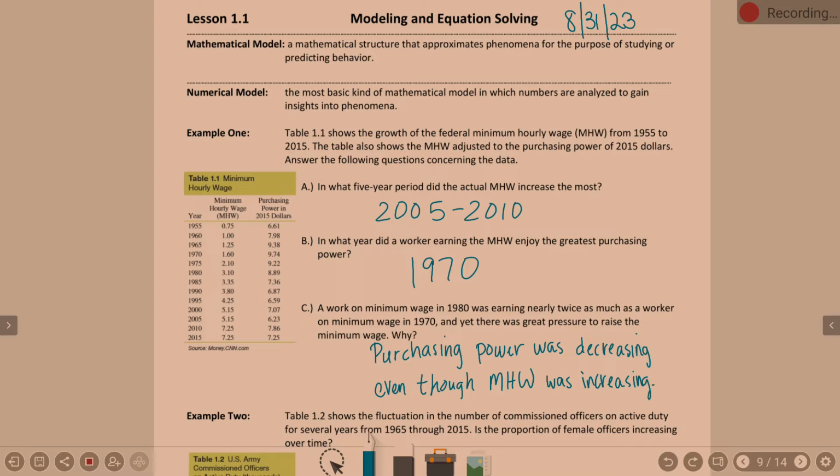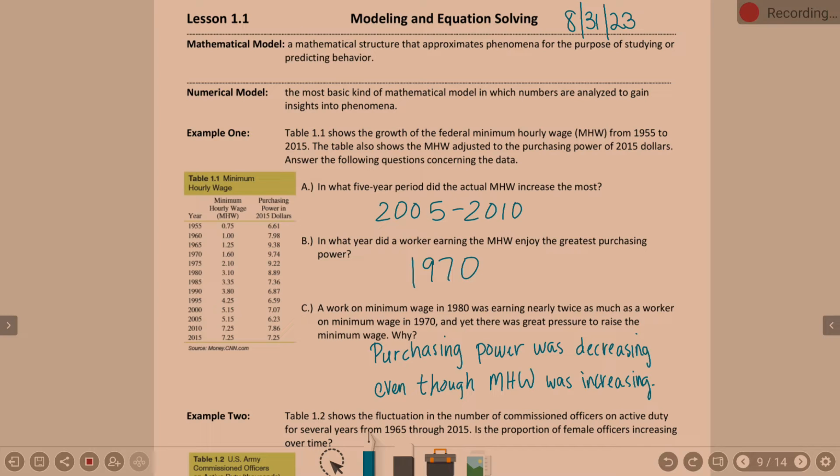And I just used MHW for minimum hourly wage. Okay. Very basic there, right? Got to enjoy a few basic questions here. So just, again, looking at using the numbers, answering your questions.